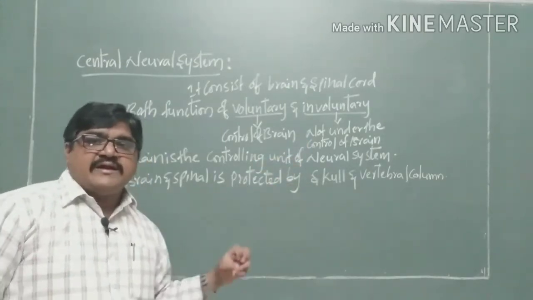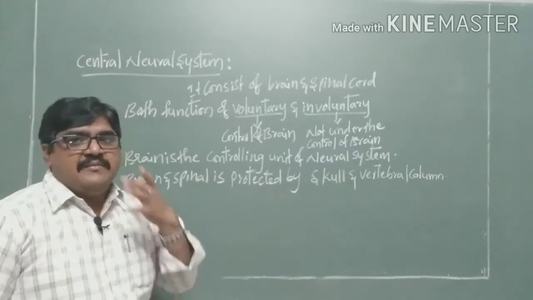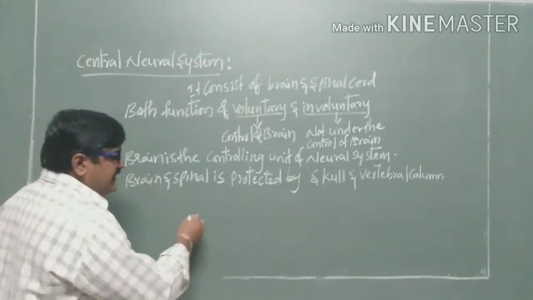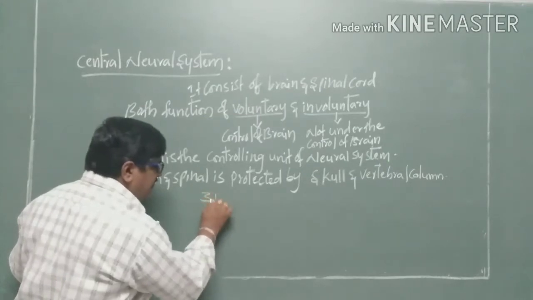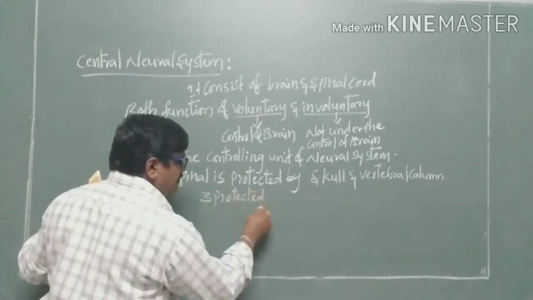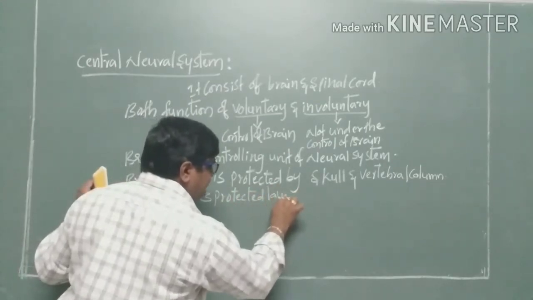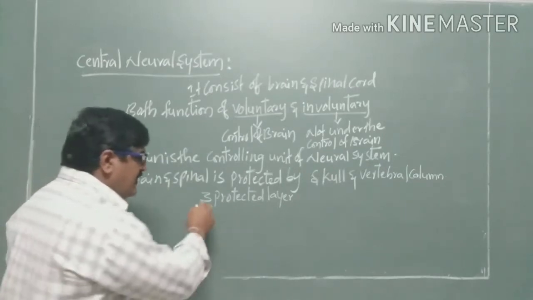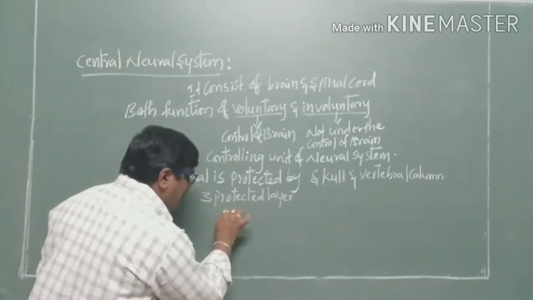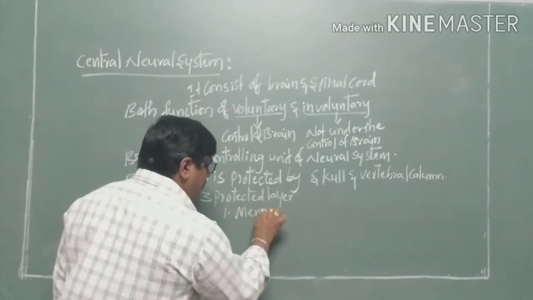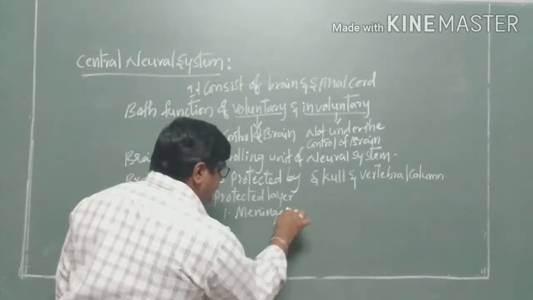Not only are they protected by the skull and vertebral column, the brain is also protected by three other protective layers. These three protective layers are present along with the brain and spinal cord. One is called the meninges.